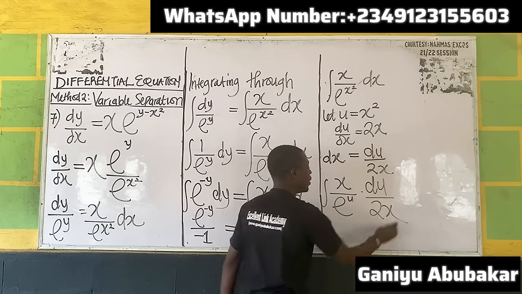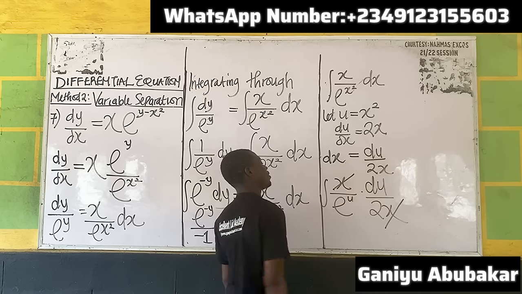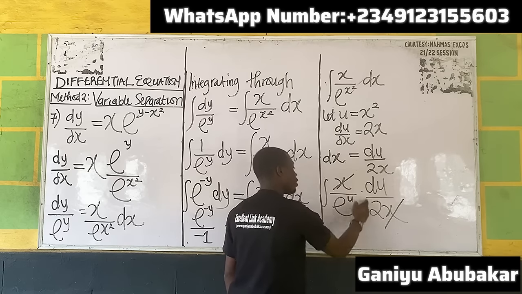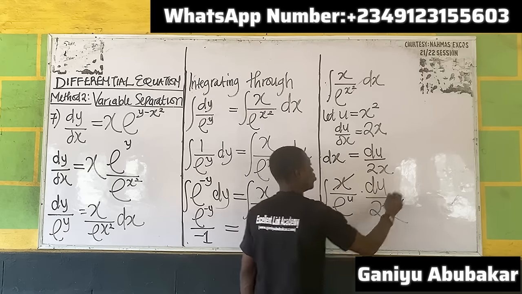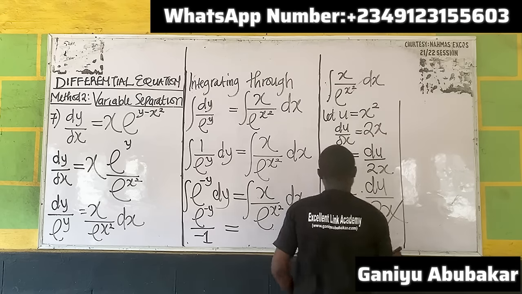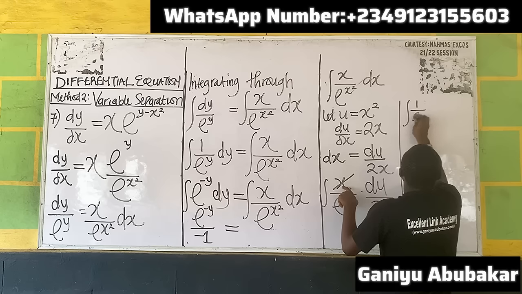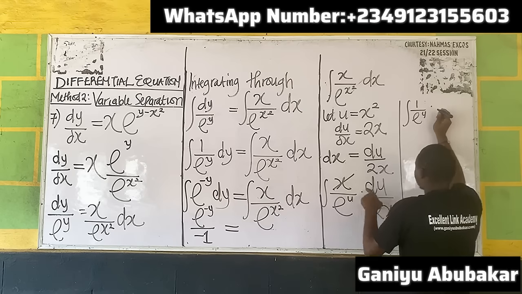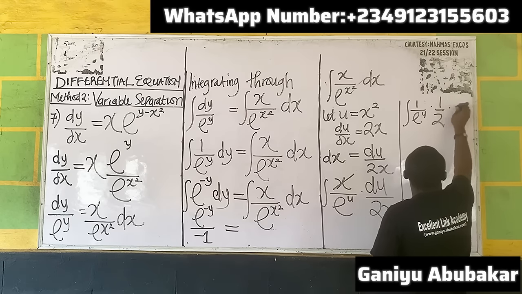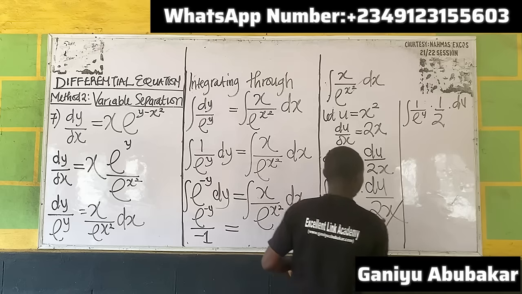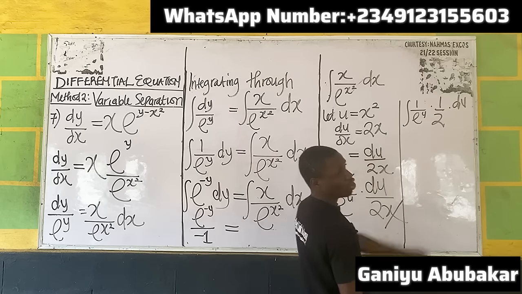What do you observe here? x cancels x. This 2 is more like saying 1 over 2. So I'll be having the integral of 1 over exponential u times 1 over 2 du. Alright, shift out this 2, that gives 1 over 2 du.